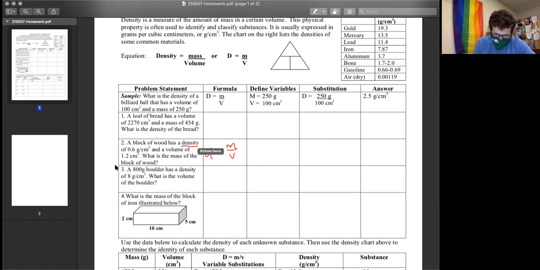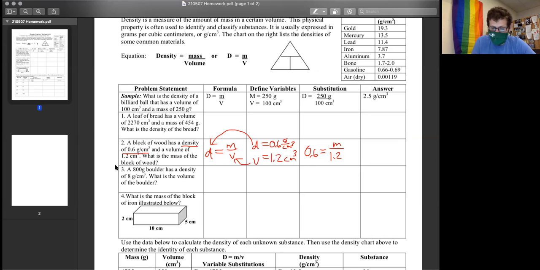My density is 0.6 grams per centimeter cubed. The volume is 1.2 centimeters cubed. If I plug the D in right there and the V in right there, I get 0.6 equals mass, which is unknown, divided by 1.2.